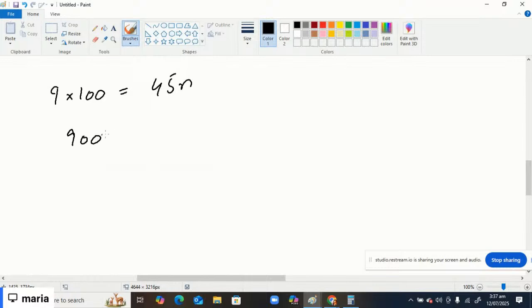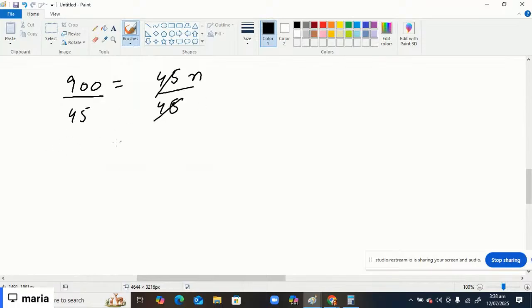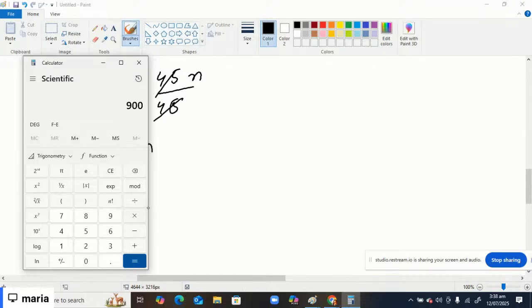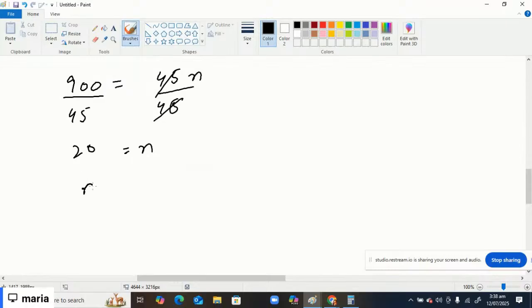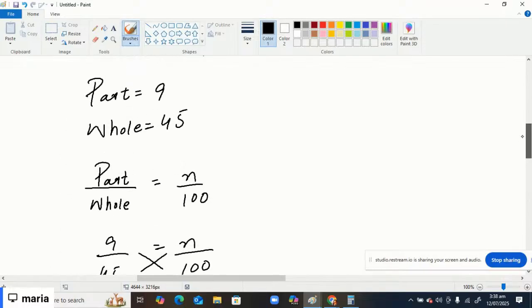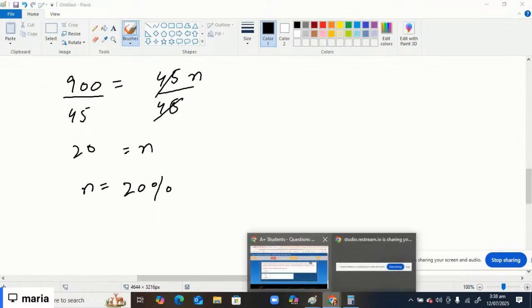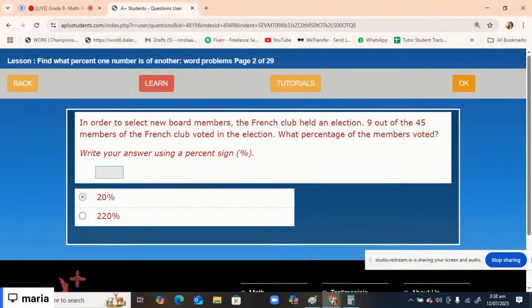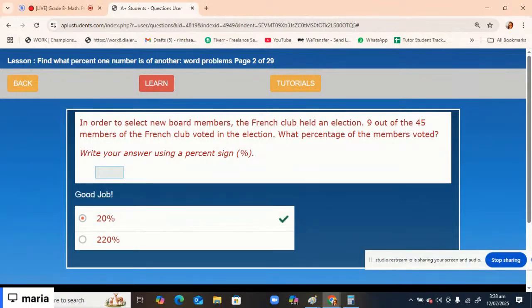So this is 900 equals 45n, dividing over 45 on both sides. So this should be cancelled, so only n is left. So 900 divided by 45. This is 20. So n is equal to 20%. This is the proper way to do it, okay? In this way we're going to solve it. So now 20. Let's go with it. And here is the right answer.